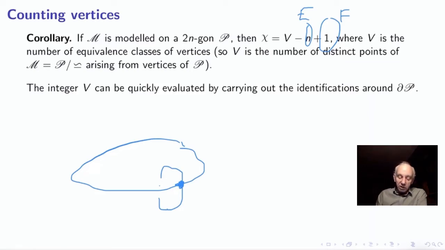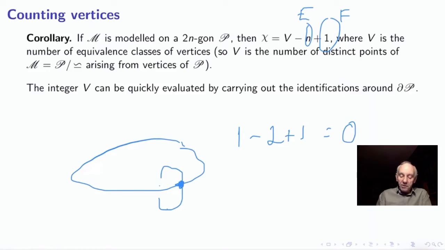So for the torus, when we have the square model, we have one vertex, two edges, and one face. So the Euler characteristic of a torus is 0, and that's correct. But we have to compute the number of vertices in each particular case.